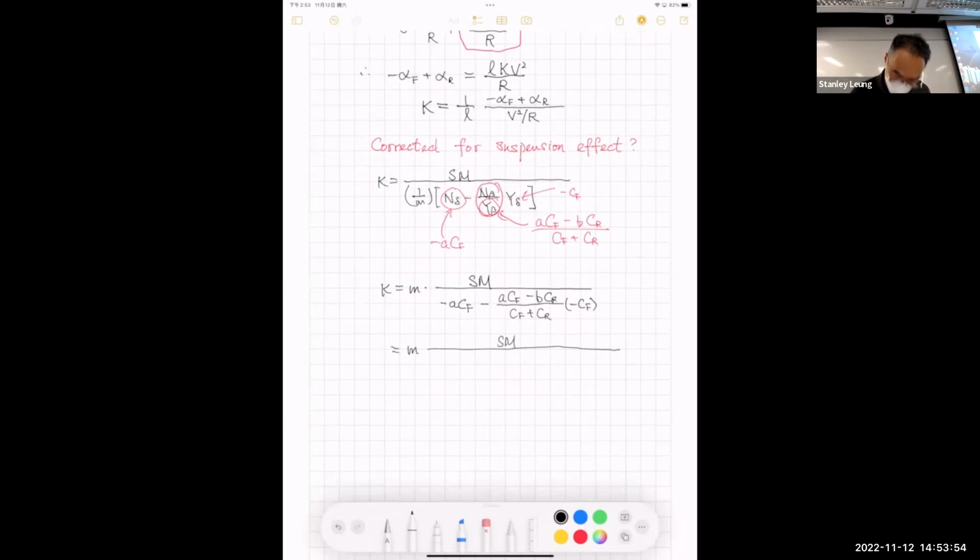This is S m. With the common denominator we should have minus a b C F squared minus a C F plus b C R, a C F C R, plus b C F C R.